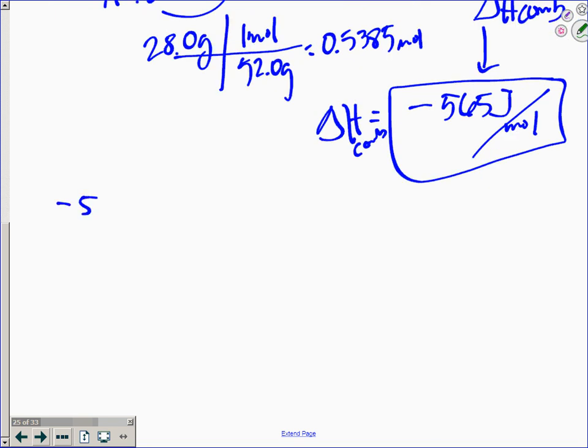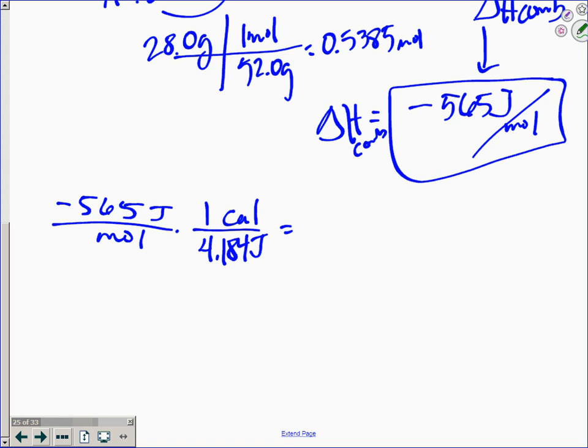Negative 556 joules per mole multiplied by one calorie over 4.184 joules, and that would be negative 135 calories per mole.